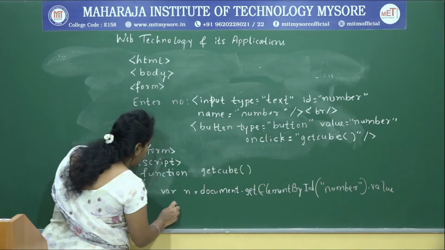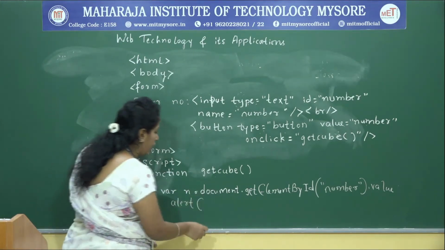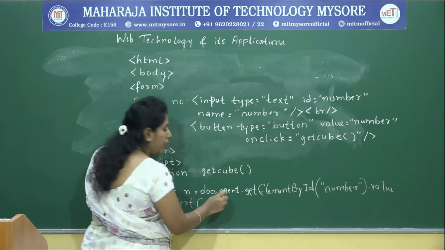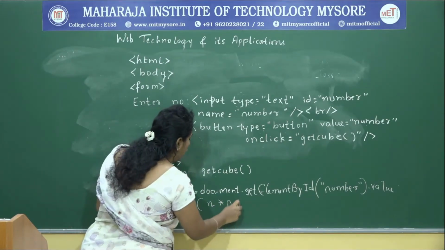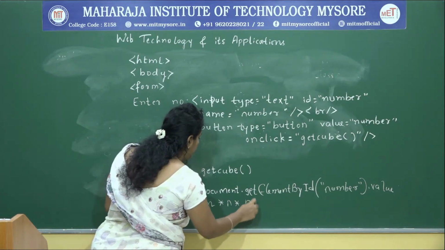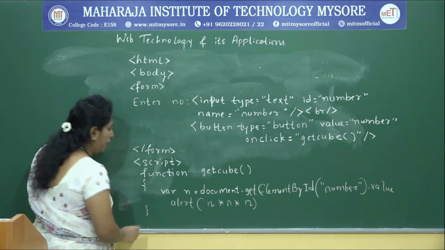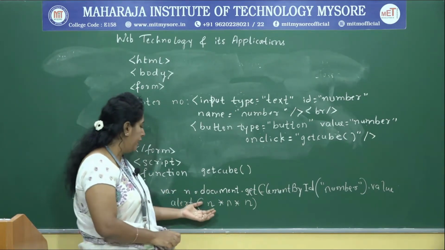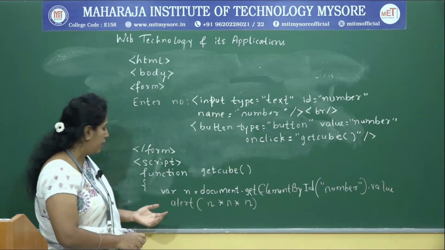After that you have to find the cube and that result should be printed on the screen. Cube means three times you are supposed to multiply that number. So I will give a statement in this way. Finally, n cube is computed and through alert it is displayed on the screen.